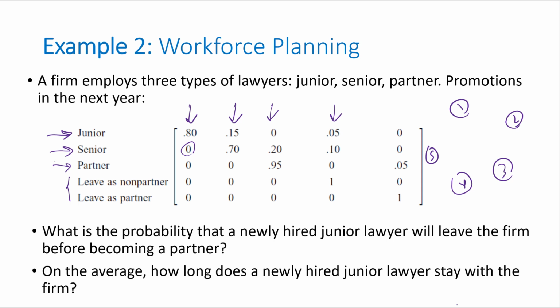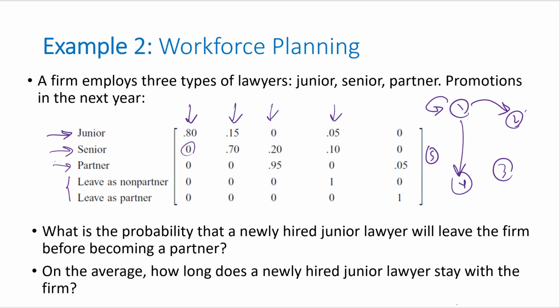Junior can remain a junior or become a senior next year, and this is all about next year. Here the time period is 1 year. Again, discrete time, a stochastic process. And they can also leave as non-partner.